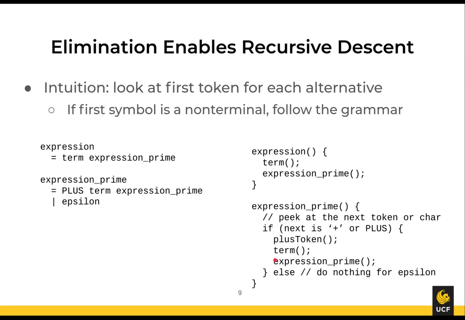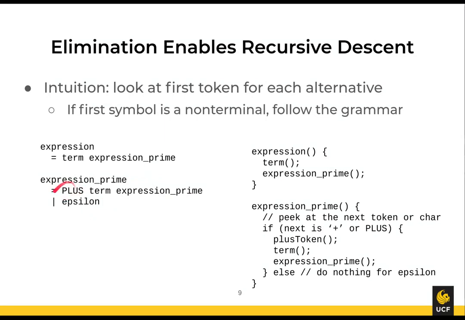Now that's a little harder to reason about when you have this epsilon, but epsilon is basically you call the function and it does nothing, and nothing happens. And our predictive parsing will help with that, because once we do this conversion, you'll be able to just look at the next character and know which production you need to recognize.